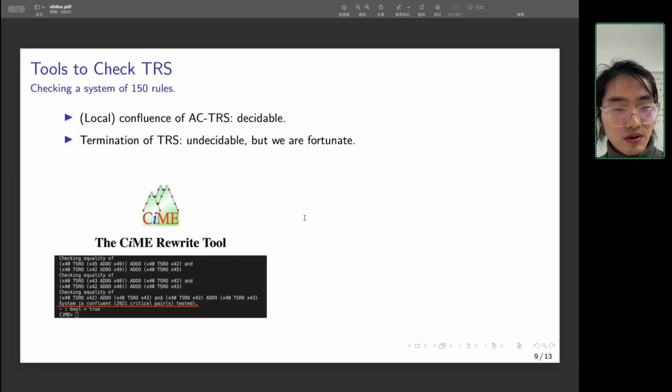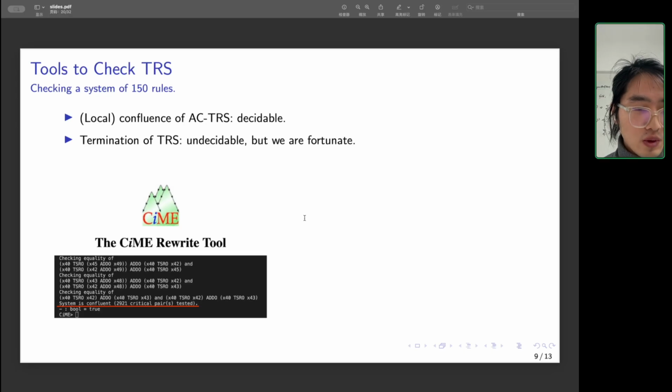So we use two tools. One is called the SimWrite tool. And to be honest, term rewriting does not have a very thriving community for now. This is the only tool that we found can do AC term rewriting. It was built 20 years ago. But anyway, it works.